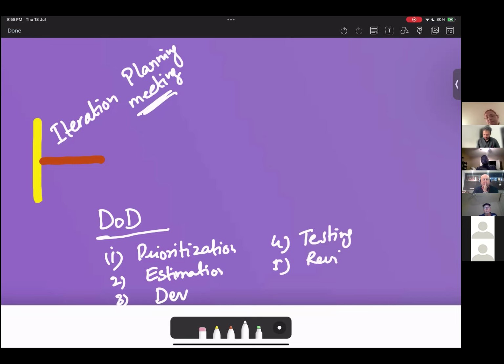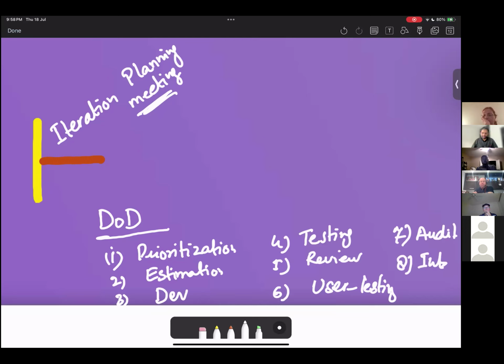Review is done. User testing is done, or whatever you say. And then, for example, audit is done or integration is done. Now, as a team, we have listed these 8 actions to consider our work complete in all aspects. So we define it during the iteration planning meeting.